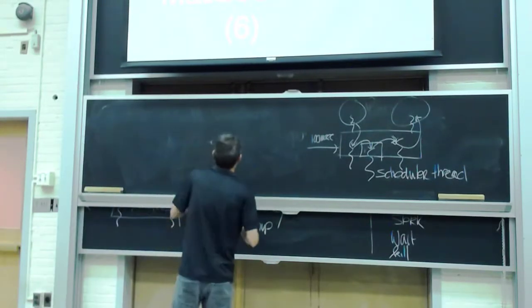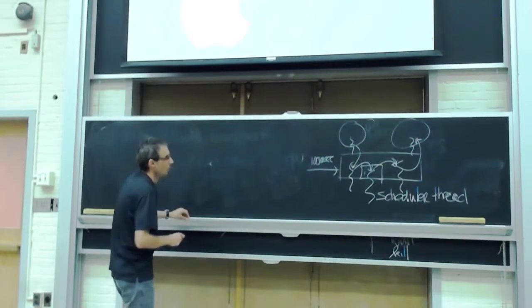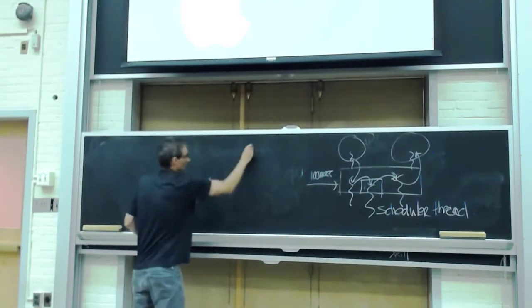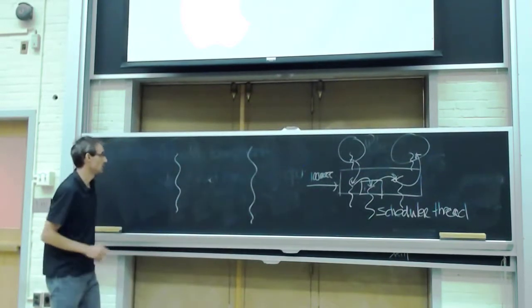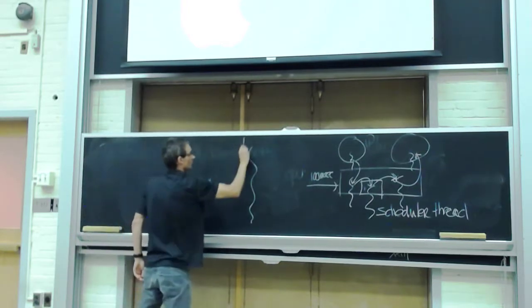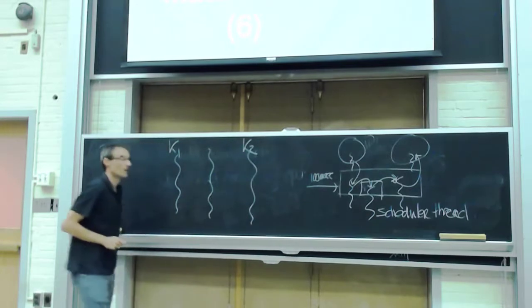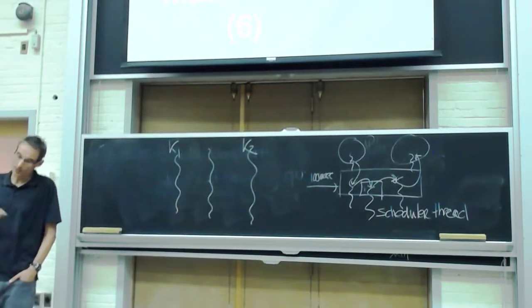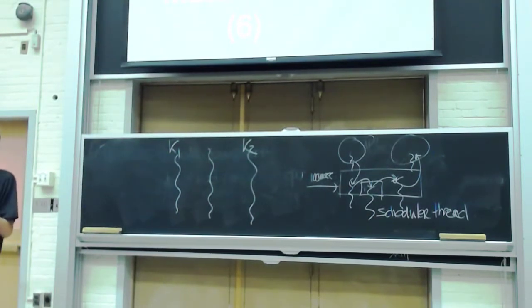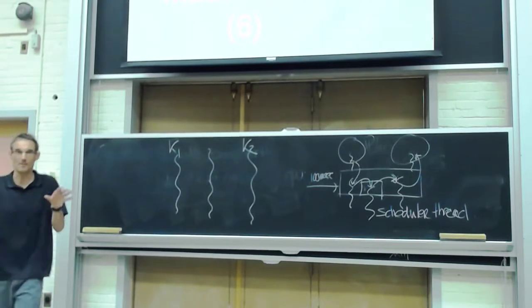The second thing that's going on is that when 2 kernel threads switch, so here are kernel thread 1, kernel thread 2, and here's our scheduler thread, the way they switch between them is very stylized. It's not a random pattern.